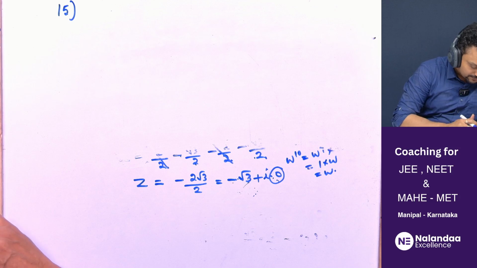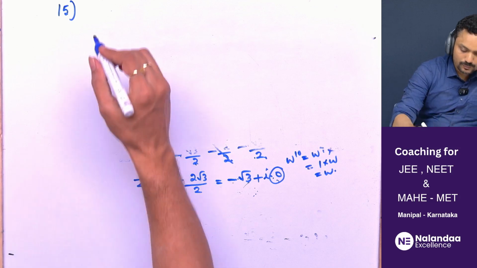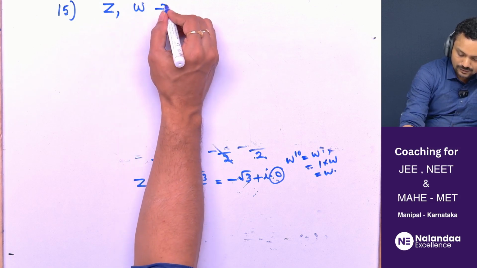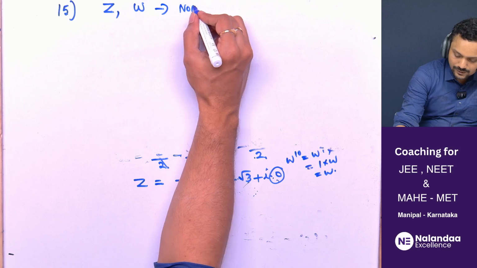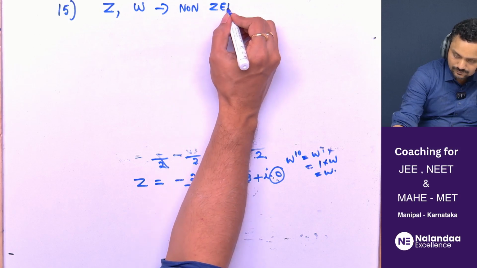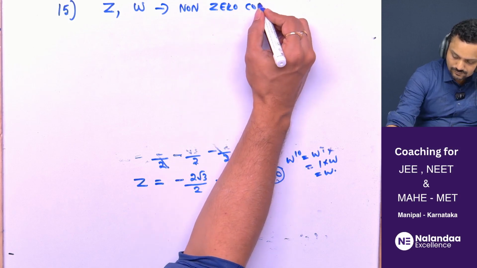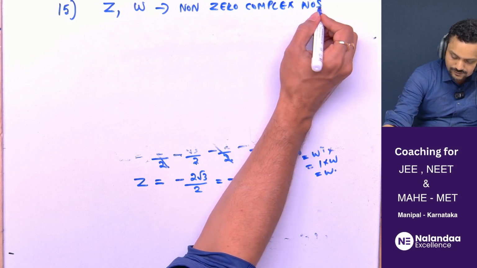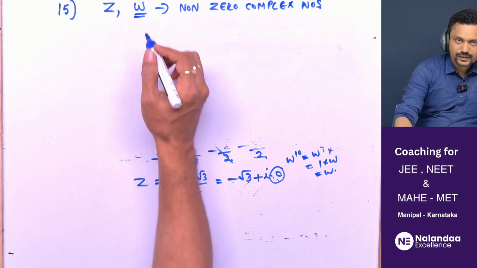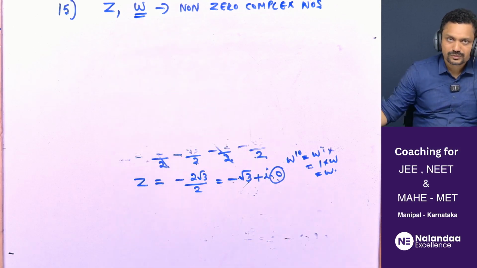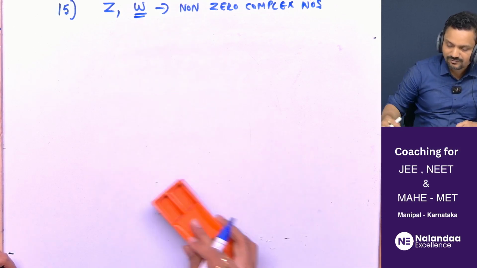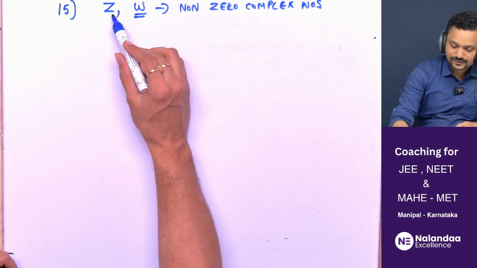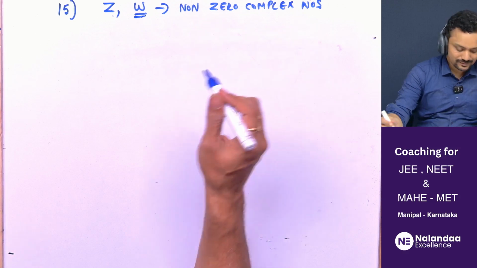They are saying z and omega are non-zero complex numbers. Now this omega does not have to do anything with our imaginary cube root of unity, that is minus half plus i root 3 by 2. It is not that omega. They have clearly said that z and omega are some complex numbers.